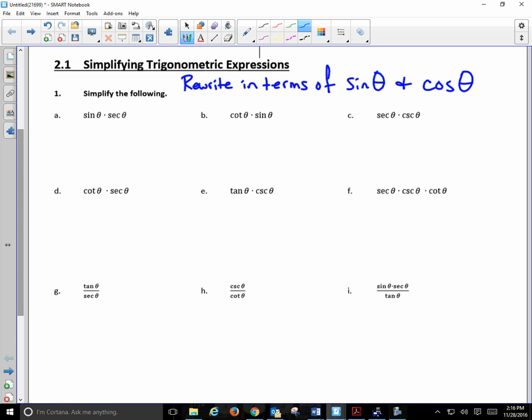Sine of theta and cosine of theta are nice because everything can be rewritten with a sine or a cosine in it. For example, does sine already have a sine or a cosine in it? Yes. And I'm going to write it as sine of theta over 1.